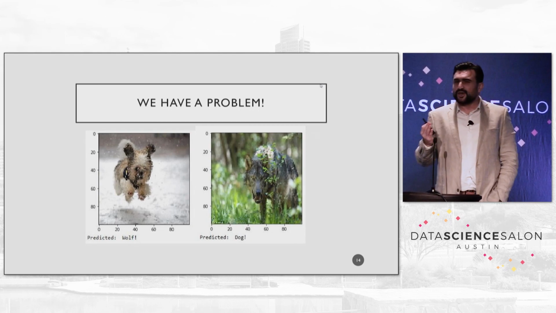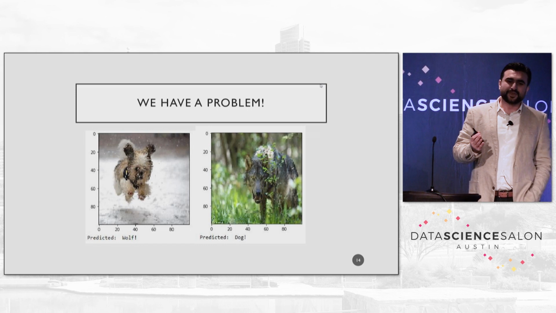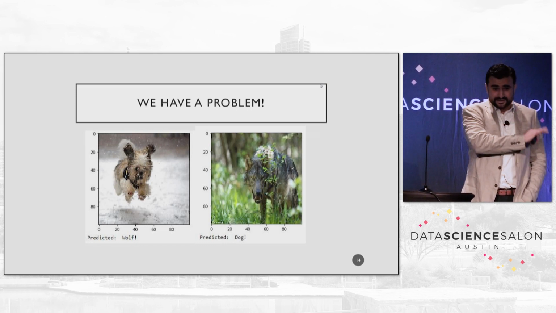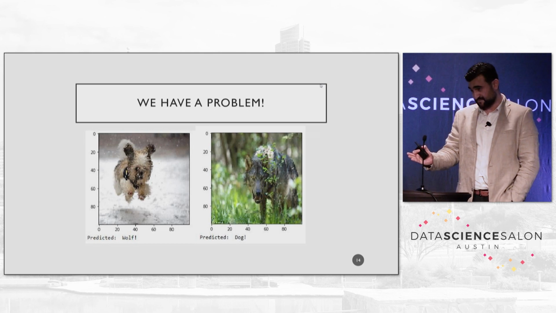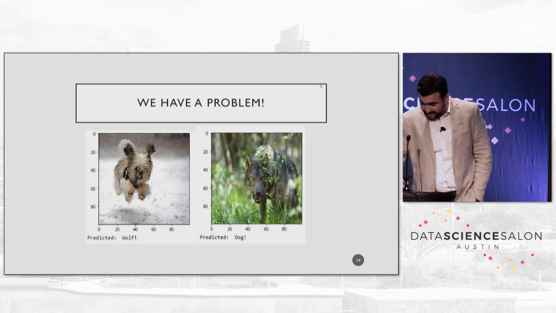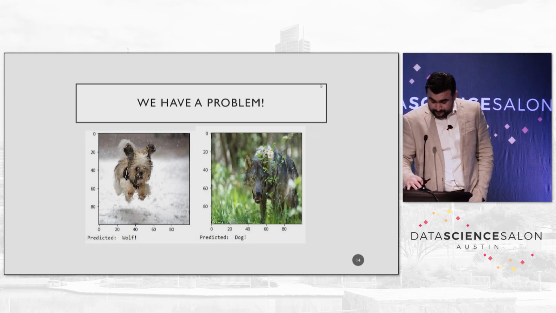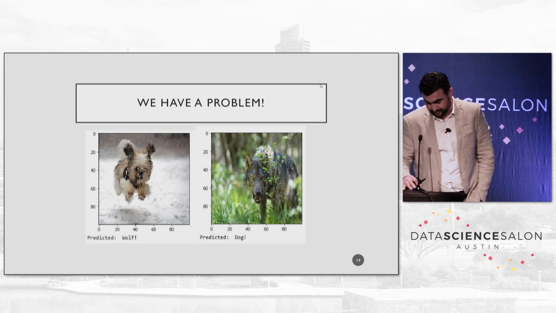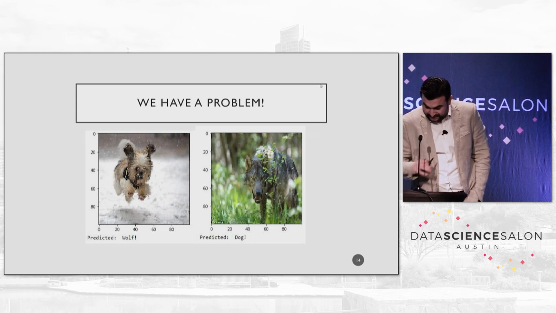So you have a problem when your model confuses a little puppy with a vicious wolf, right? Mislabels these 2. I mean, this is unacceptable, and I think at least the teenagers on social media would kill us for this, right? They wouldn't tolerate that.